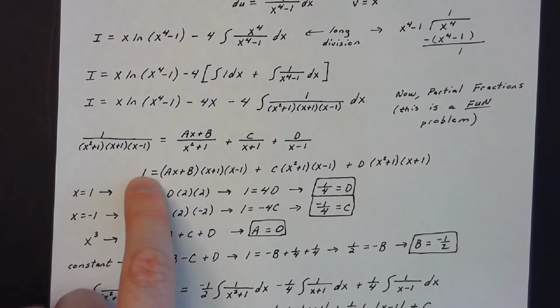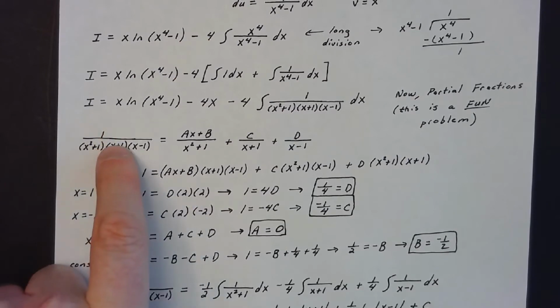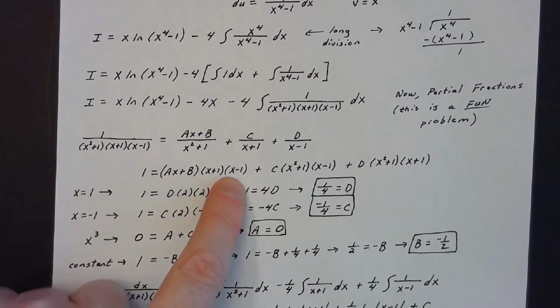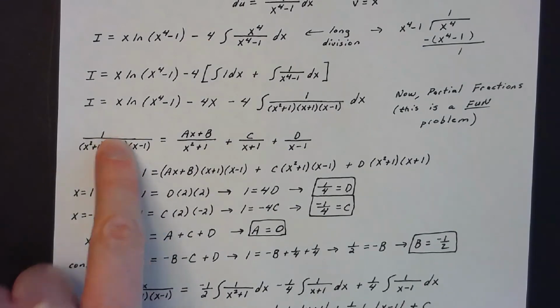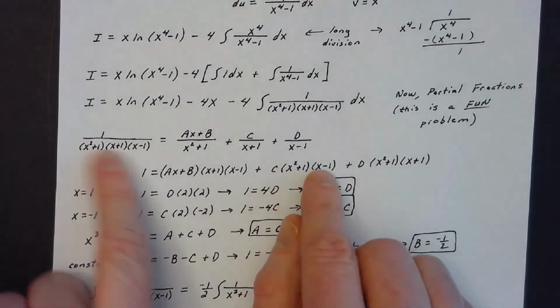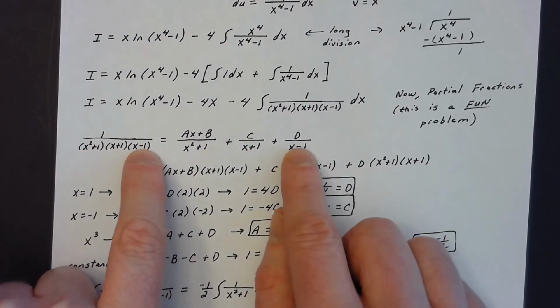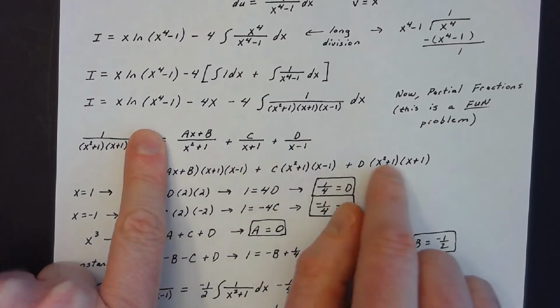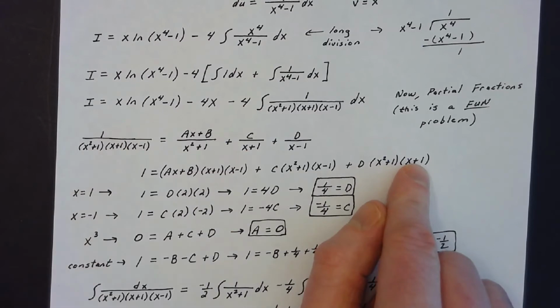When I do that on the left-hand side, I just get a 1. On the right-hand side, I'll get ax plus b times x plus 1 times x minus 1 here. I'll get the c, it's going to be times everything except the x plus 1, so you have the quadratic factor of x squared plus 1 and the linear factor of x minus 1. When I go to the d term, it's going to cancel out the x minus 1, but you're going to have d times x squared plus 1 and x plus 1.